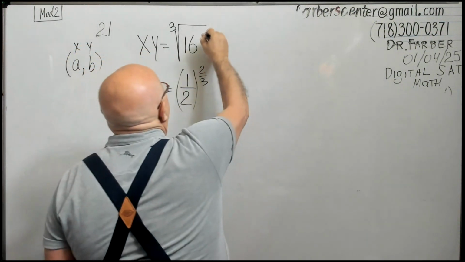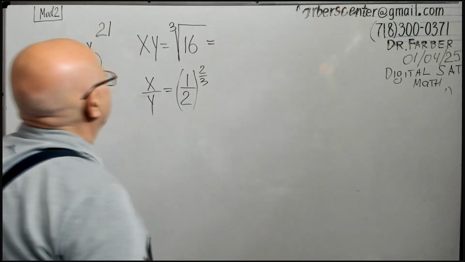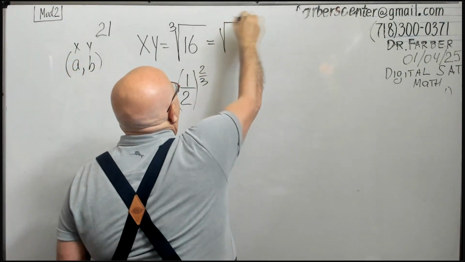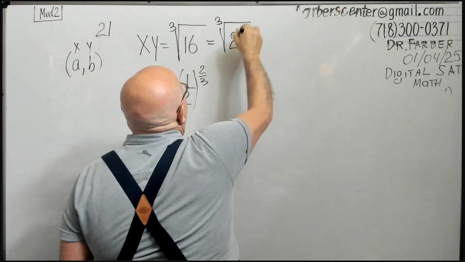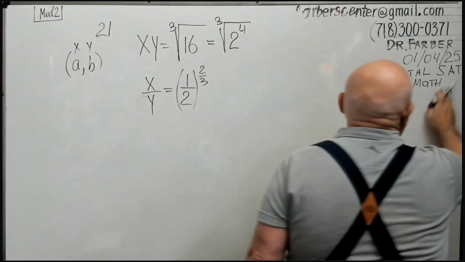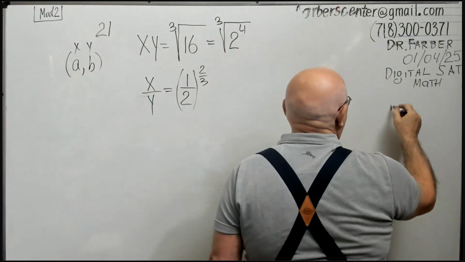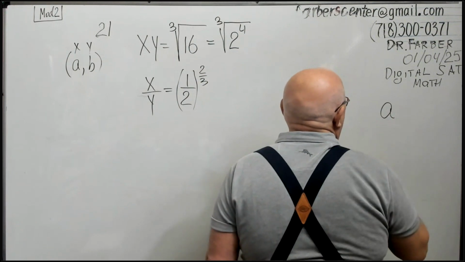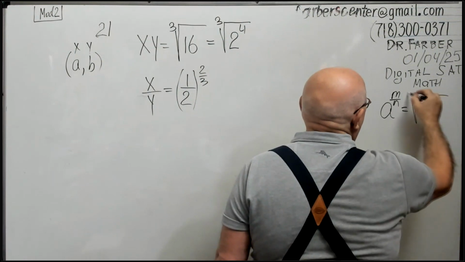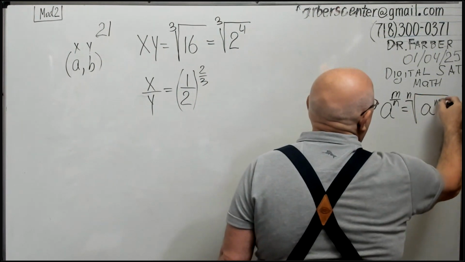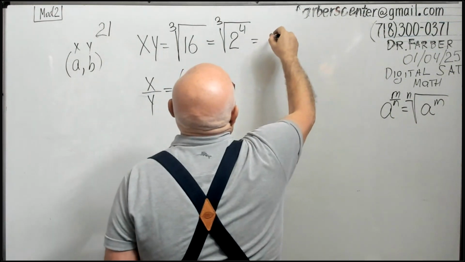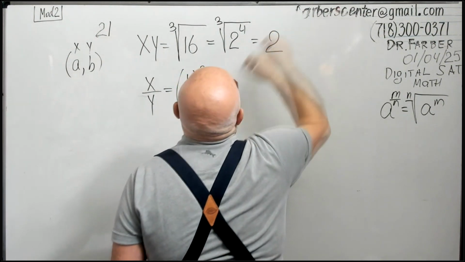Let me, if you look at this, straightforward, you have to have the same base. It's the same as cube root of 2 to power 4, because 2 to the third power is 8. And just to remind you, notion of fraction power. A to power m over n equals nth root of a to power m, and back and forth. It's the same as 2 to power 4 over 3.